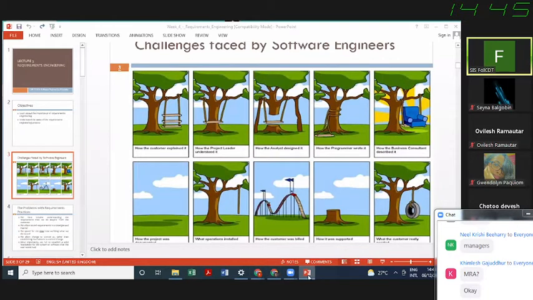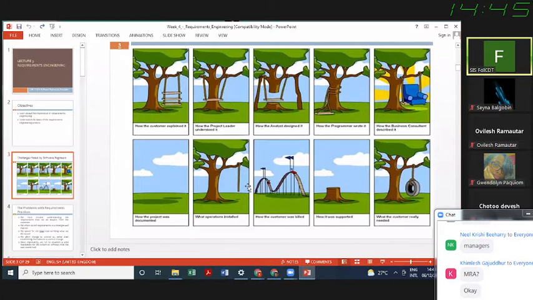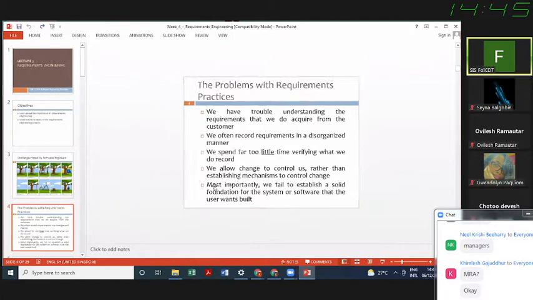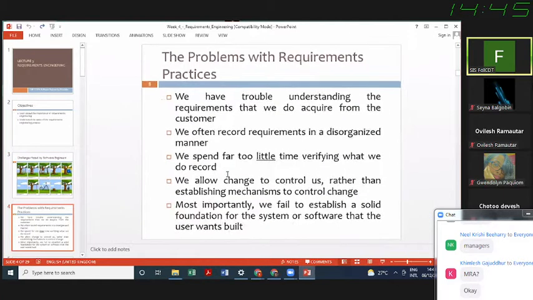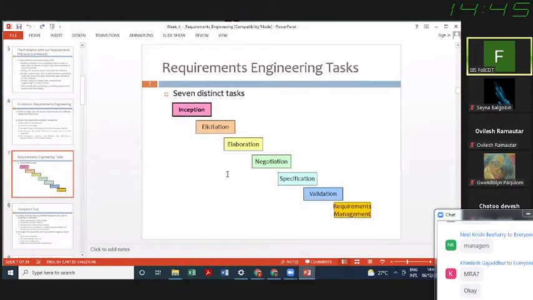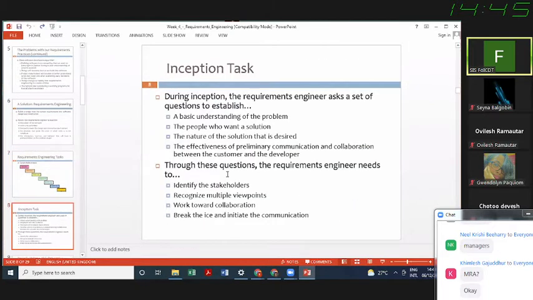So what we find here is that we need to identify the stakeholders. So we were on this slide. Inception. Recognize that we can have multiple viewpoints, because different persons view the same problem differently. Different stakeholders are going to view the same thing differently.